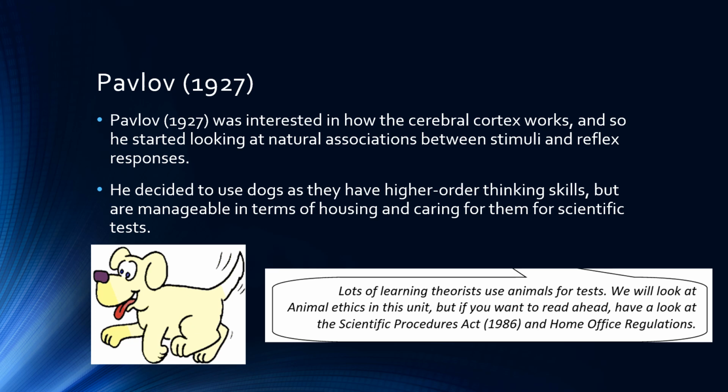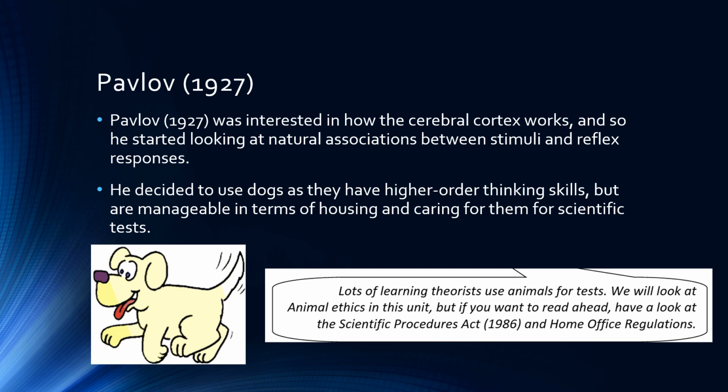It's possibly quite useful if you want to do a little bit of independent reading around the subject. There's some stuff on Teams, there's a few videos around this. Lots and lots of the learning theory that we're going to look at uses animal research. One of the key things in our methods for this section is to consider animal research and animal ethics. We do so by looking at the Scientific Procedures Act and the Home Office regulations around animal research.